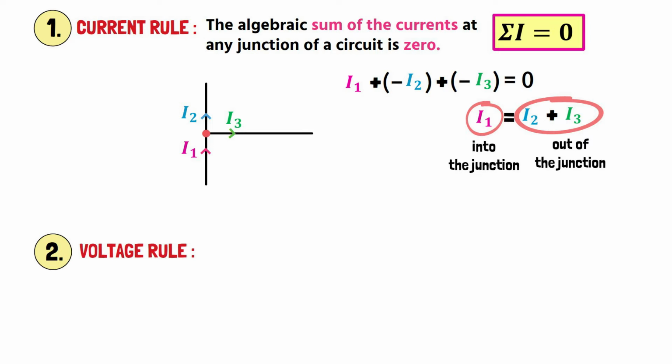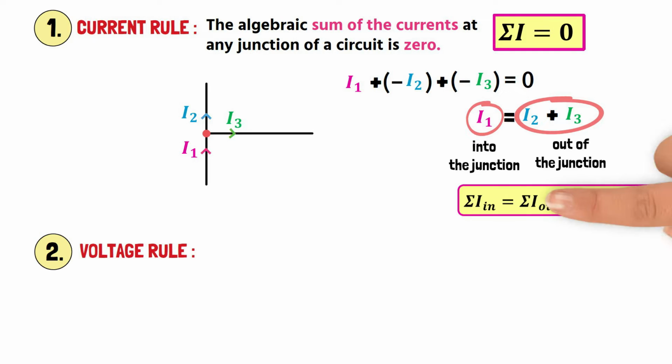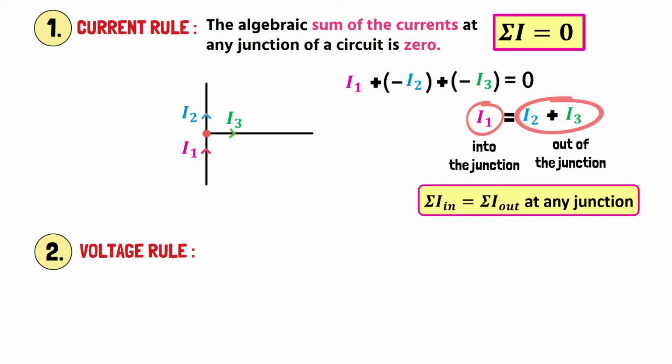Jadi apa kesimpulan yang kita boleh buat dekat sini adalah when I1 equal to I2 plus I3, so we can conclude that at any junction in the circuit, the total current that is into the junction, total I in equal to total current that out from the junction, which is I out. Okay? So, kena ingat ini adalah rule yang pertama berkaitan dengan Kirchoff rule.